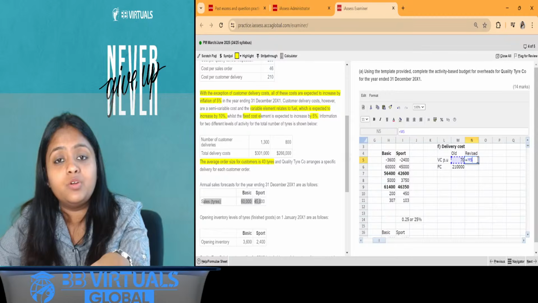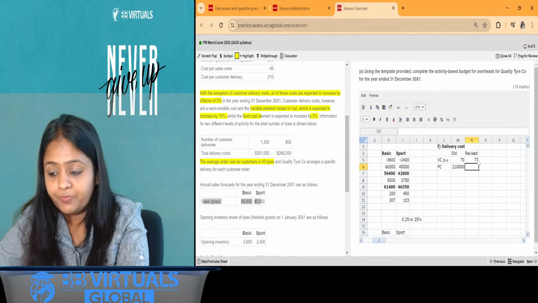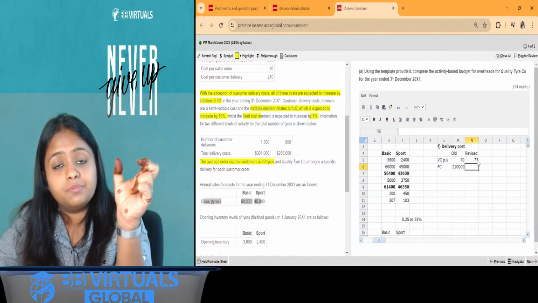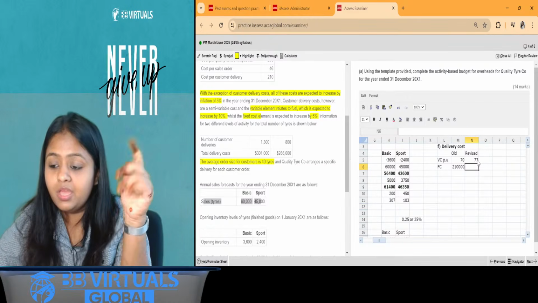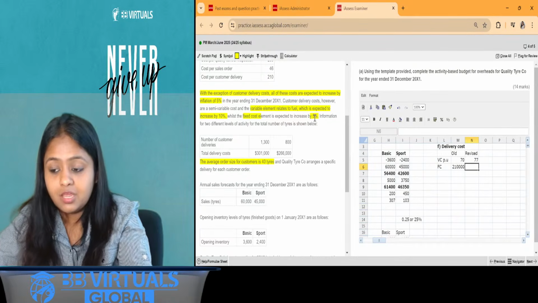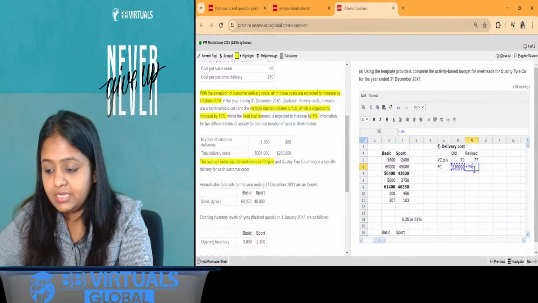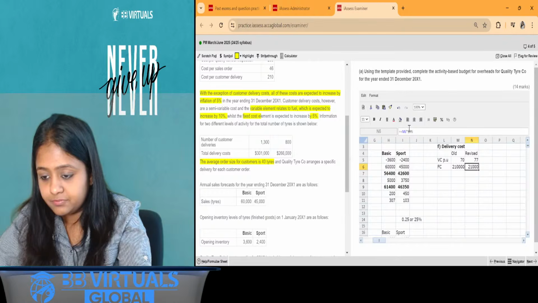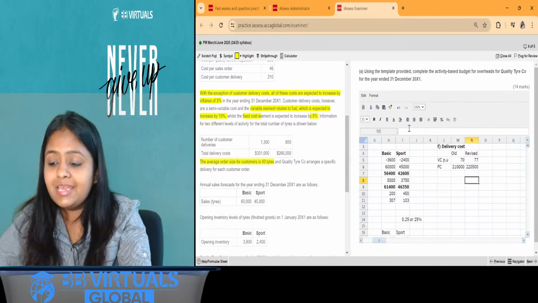That means what will you do? 70 multiplied by 110%. Correct? Which is 77. So when I calculate delivery cost, I will multiply the variable element by 77. And for the fixed portion it is increasing by 5%. So revised fixed cost will be this multiplied by 105%. Clear?